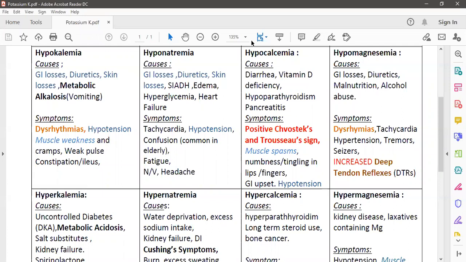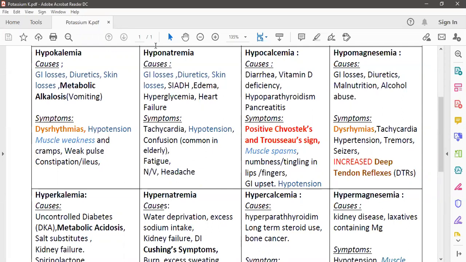Or poor intake of potassium. Common problems with poor intake are anorexia nervosa or alcoholic clients, right?